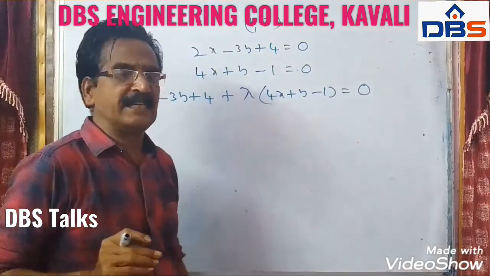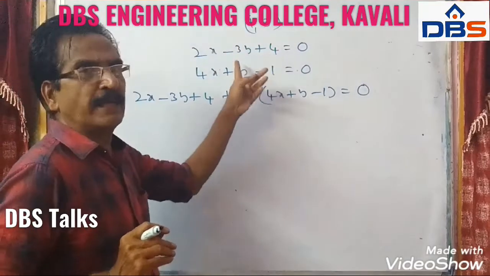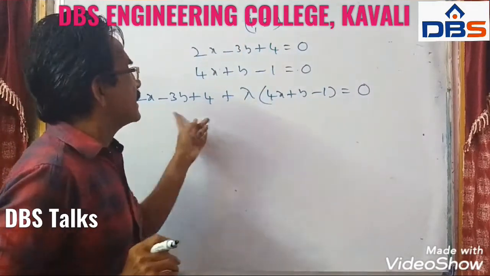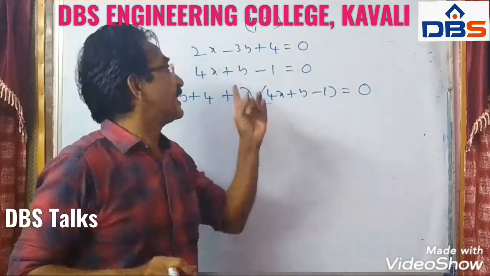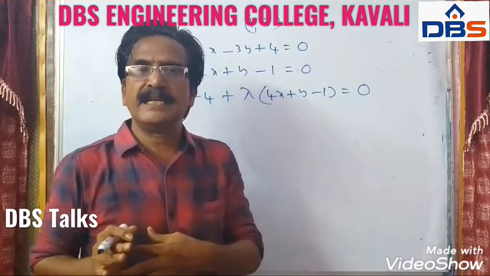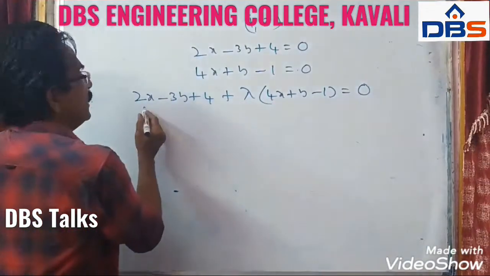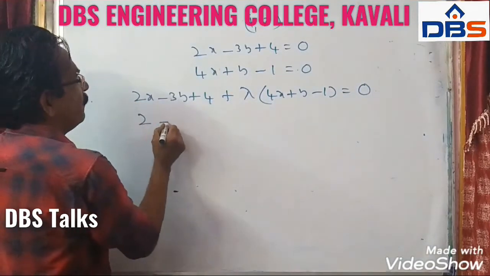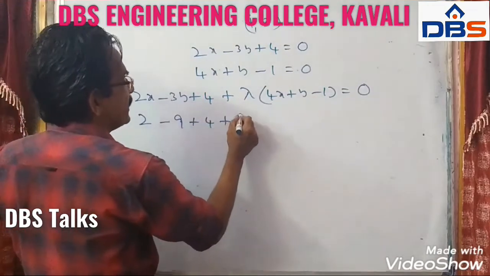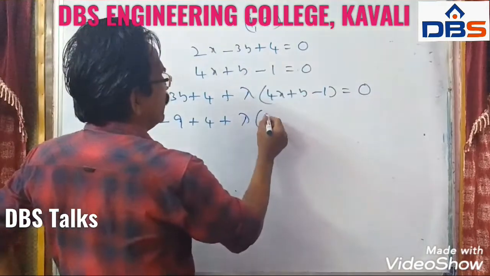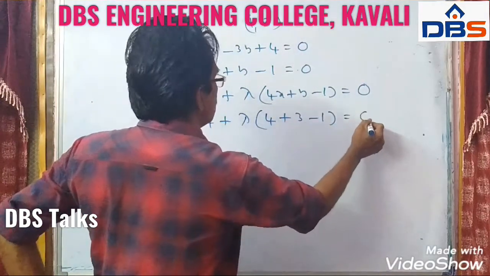This line is passing through (1, 3), so let us substitute x equal to 1, y equal to 3, then we get lambda, and we can substitute lambda back here. 2 into 1, 2, minus 3 into 3, 9, plus 4, plus lambda into (4 into 1, 4, plus 3 minus 1) is equal to 0.